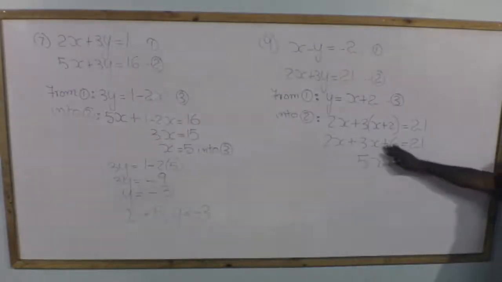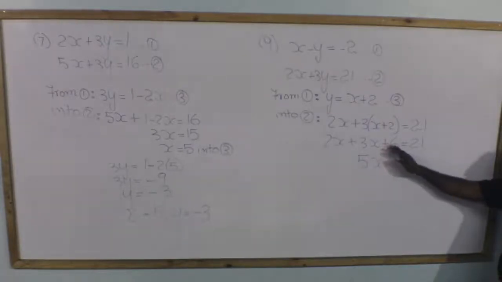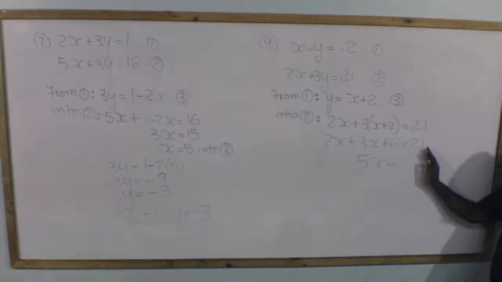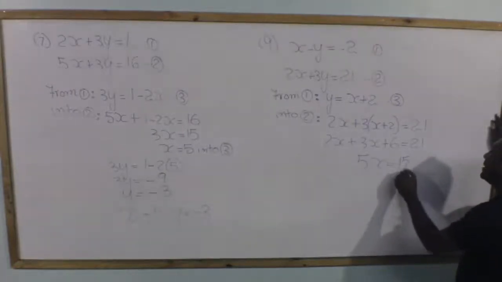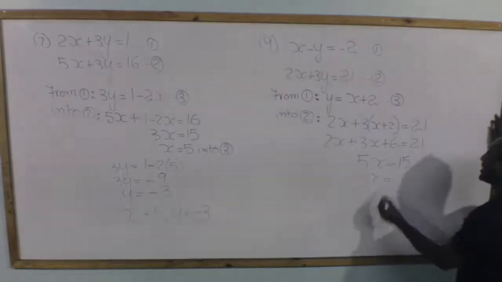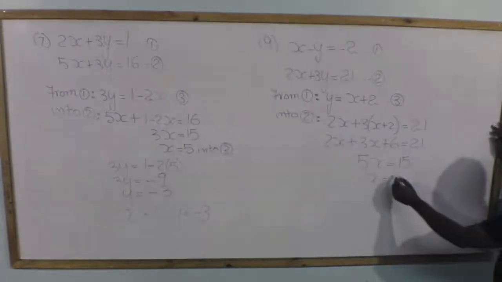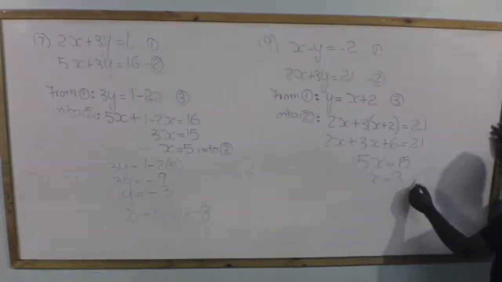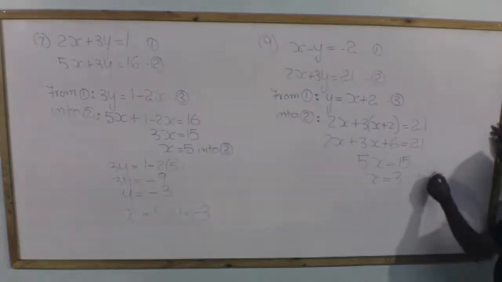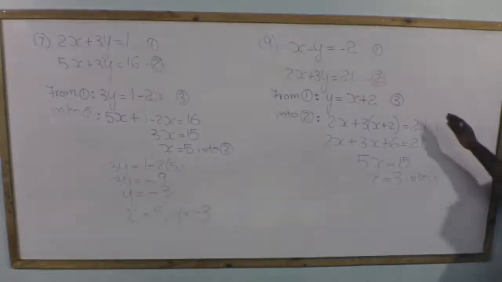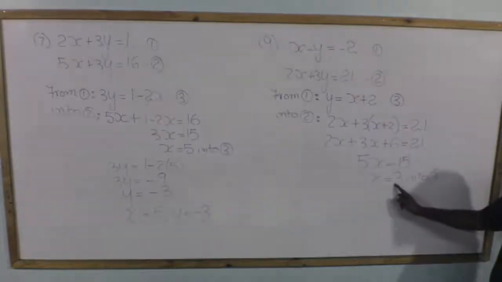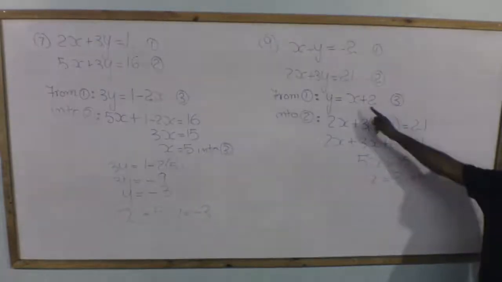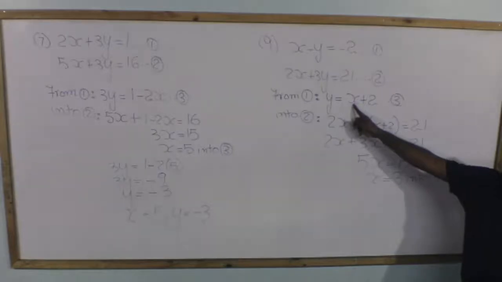And what do we do with this 21? We have a positive 6 to be eliminated by subtraction, right? So we will have 21 minus 6, which is 15. So 5x is equal to 15, so x is equal to 3. And of course, this is the reason for putting our equation 3. Put that 3 here.